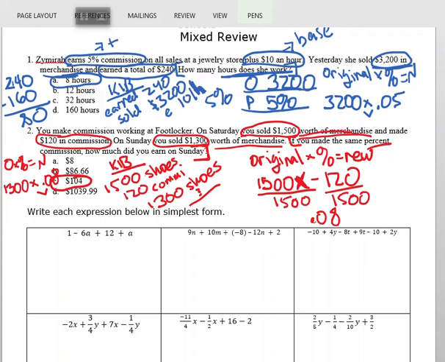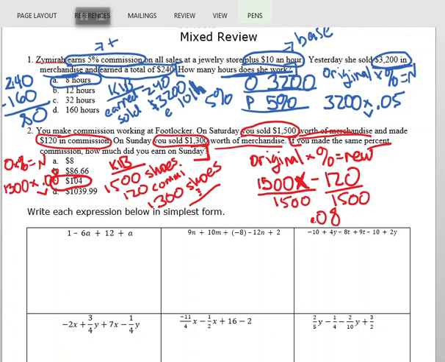Talk through this again. I know that I make commission, and I know that on Saturday I sold $1,500 worth of shoes and made $120. So on Sunday, I only sold $1,300 worth of shoes, but I'm still going to make the same percent commission. I want to figure out how much I'm going to make. But in order to do that, I need to know what that percent commission is.